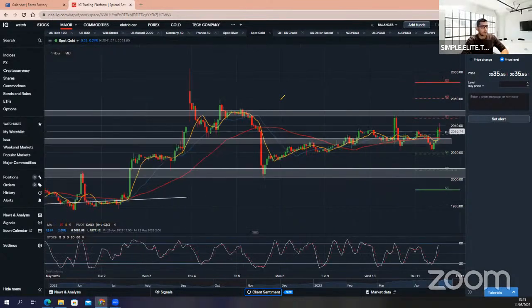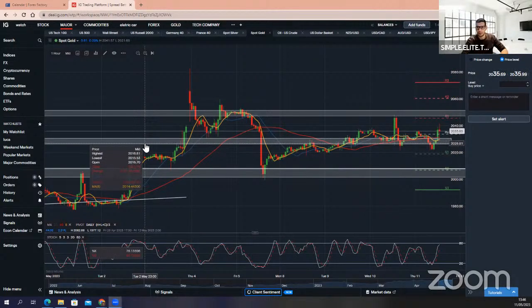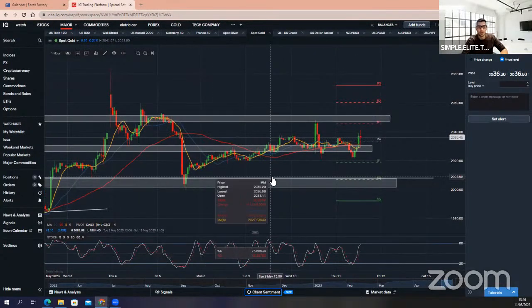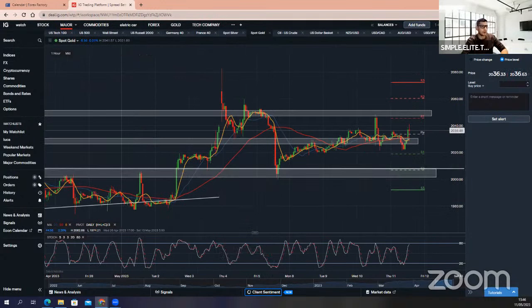So for me at the moment it's not clear, and if I can see some weakness on gold, maybe I will buy some yen, but with different currency pairs. So let's see if it's going to break below this level, which is 2025, and then stay below. And also if price gets below here, the 2000.